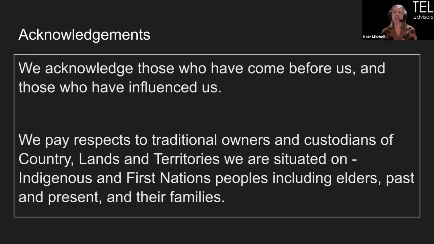Another acknowledgement, obviously a very separate piece to that, is to acknowledge the traditional owners and custodians of the lands, of country, of territories that we may be situated on. We recognise we're in a virtual space at the moment, including some of us who are in Australia, and some of us who are outside of Australia, in Canada. We recognise that in Australia there are Aboriginal and Torres Strait Islander peoples whose lands we are situated on, that is unceded land.